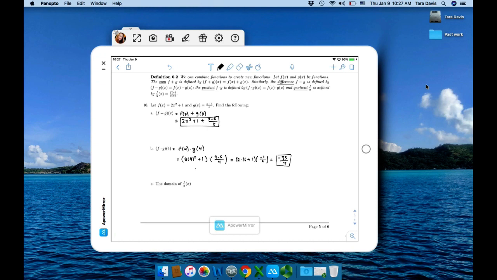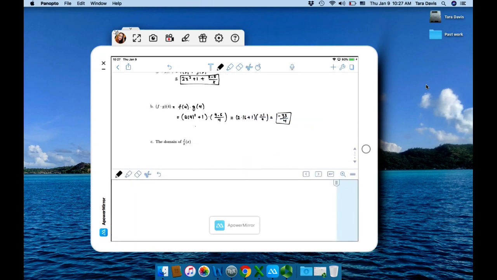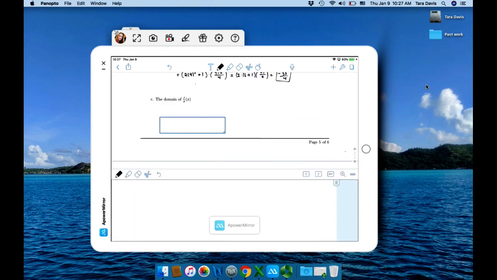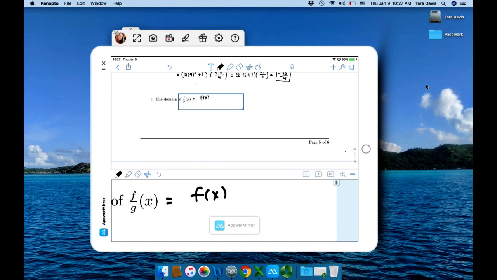Okay, we can also do something like find the domain of f over g of x. So this is equal to f of x over g of x, and we can say what this is. So this is 2x squared plus 1 all divided by g of x.